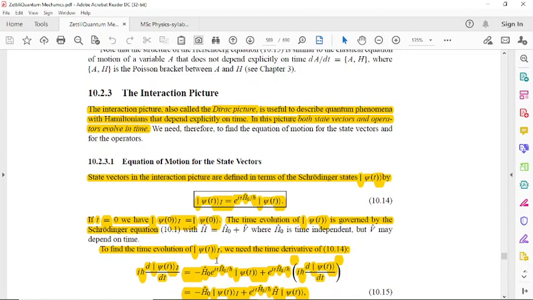taking this as the first function and this as the second function. Then we will get minus H0 e power i t H0 by h cross ket psi of t plus e power i t H0 by h cross into i h cross d by dt ket psi of t.